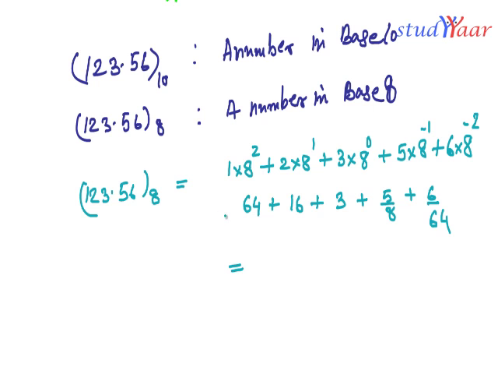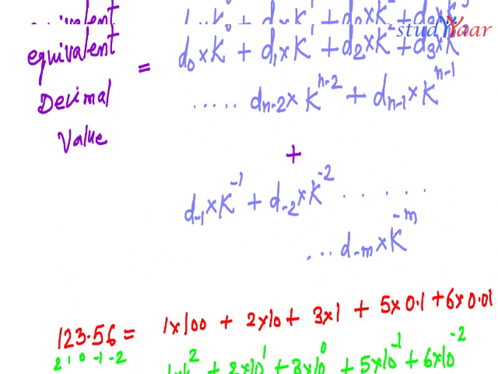Obviously this value is going to be different from 123.56 that we got when this number was in decimal number system. So this is not equal to 123.56.